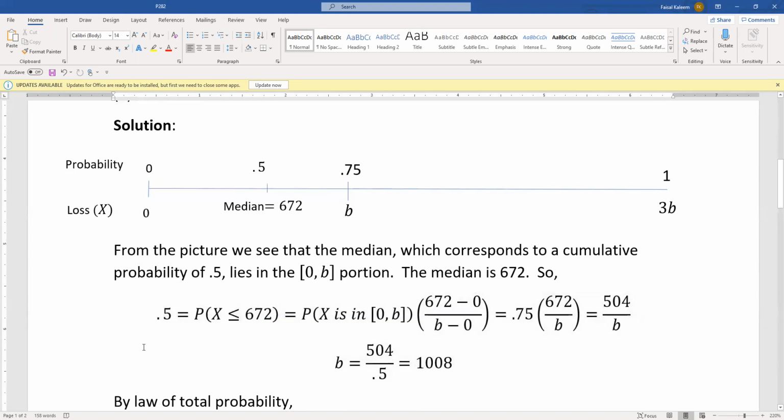And so 0.5 is the probability that x, the loss, is less than or equal to 672.